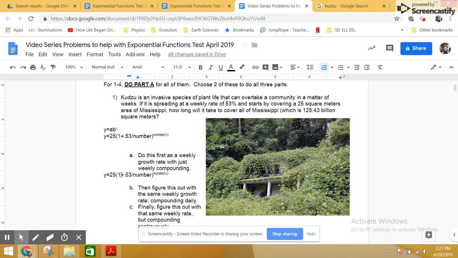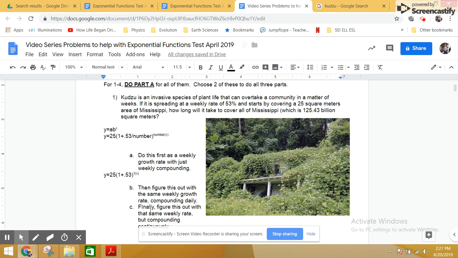So our weekly rate is 1 plus 0.53. So overall it's a 1.53 rate. Our number of compounding events is 1. And so then that number is used as a denominator for splitting up the 0.53 one way. So we don't really care about it. So we can actually make that go away. We don't really care about the fact that there's a 1 times the number of weeks.